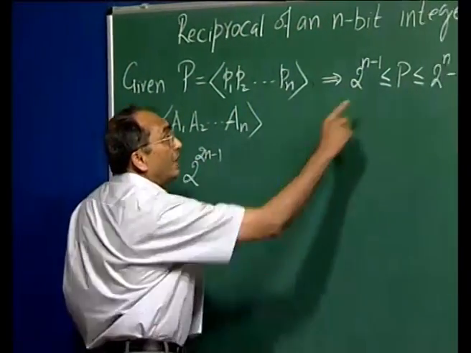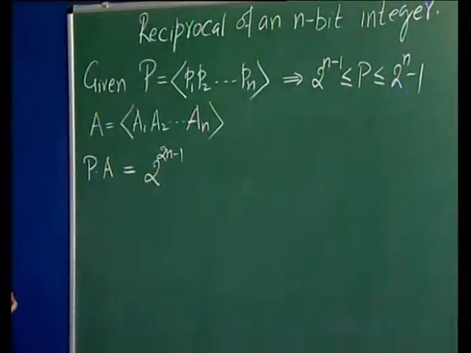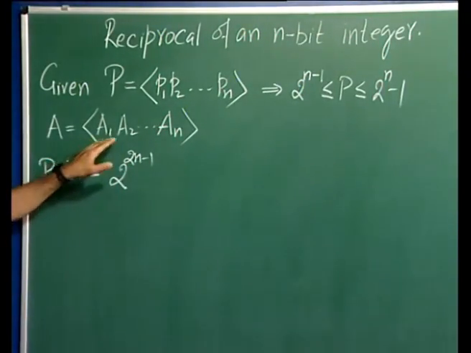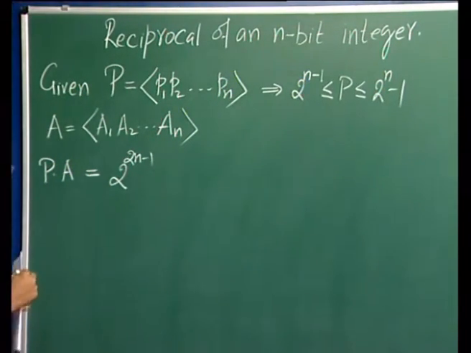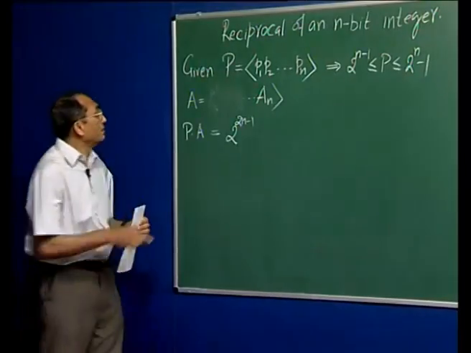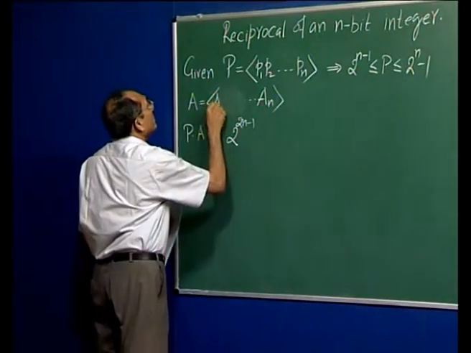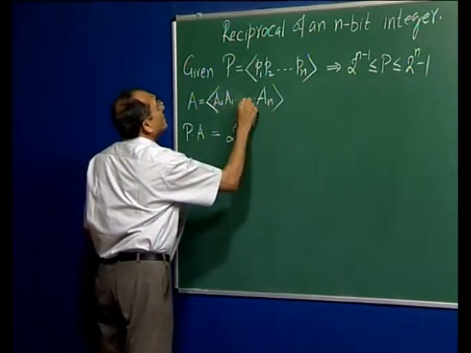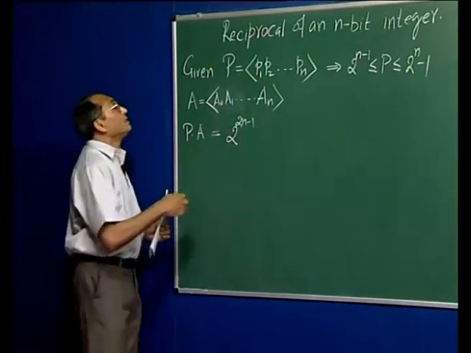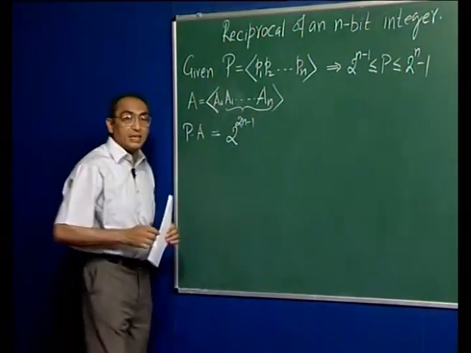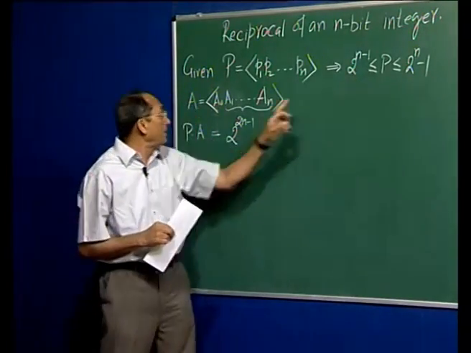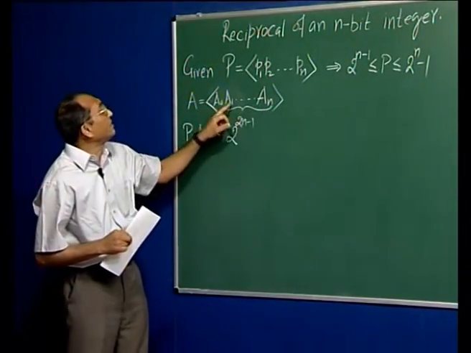Beyond that point, for every other value of p, we will have a number which will be smaller than this, and we will not need an extra bit. But to cover that case, we will grant ourselves n plus 1 bits. So we will have a1, a2, in other words, up to n plus 1 bits. The main information will always be in these n bits, and only in a very special case when p is exactly 2 to the power n minus 1, the number will be 1, 0, 0, 0, 0, 0.